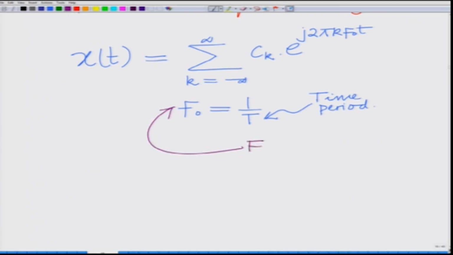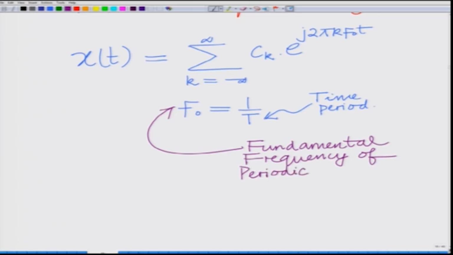f_0 is the fundamental frequency of the periodic signal x(t), and this is the Fourier series representation: summation c_k e to the power of j 2 pi k f_0 t.